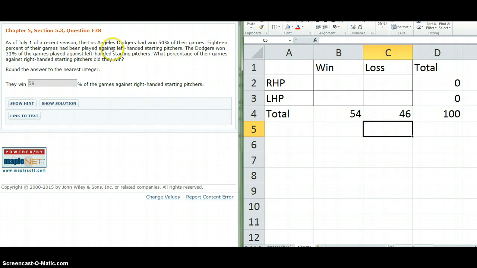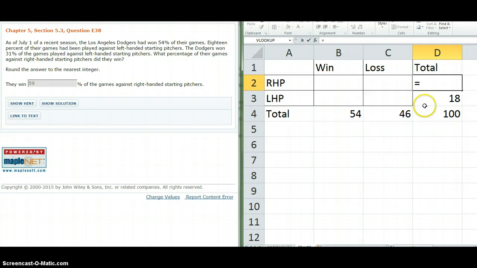18% of their games had been played against left-hand starting pitchers. Okay, so we know that they had 100 right here. So this would be just 0.18 times this 100. That would give us 18, and then this would just be the difference.